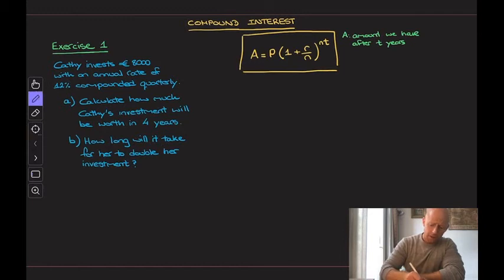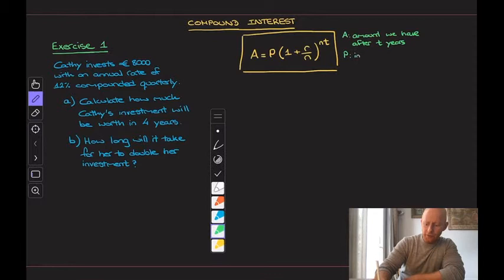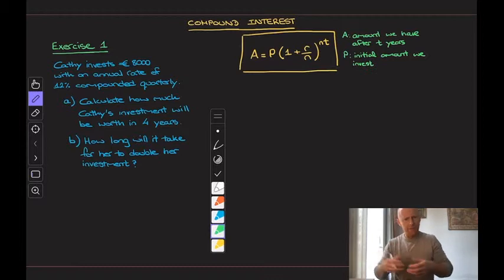Next, we have P, and that's the initial amount we invest. In this case, Kathy goes to the bank, drops off 8,000 euros. So P in this case would be 8,000 before any interest has been applied.